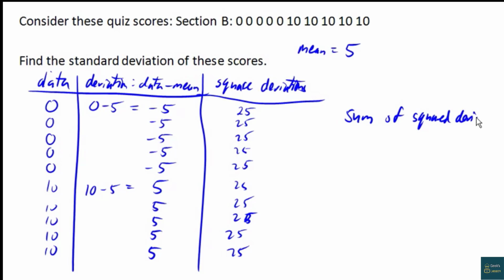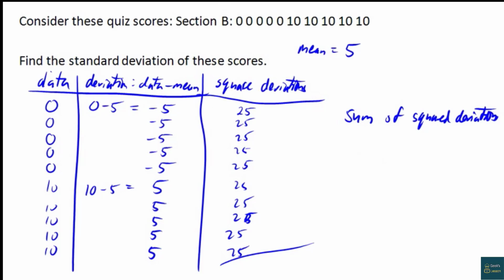So we're going to add all these up. Let's see here, I'm adding up 25 10 times, right? So that ends up being 250. Actually, I'm going to write that down here, 250.